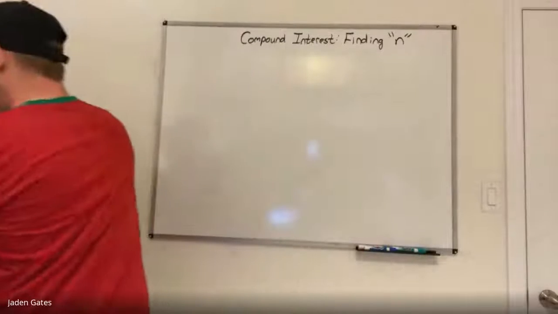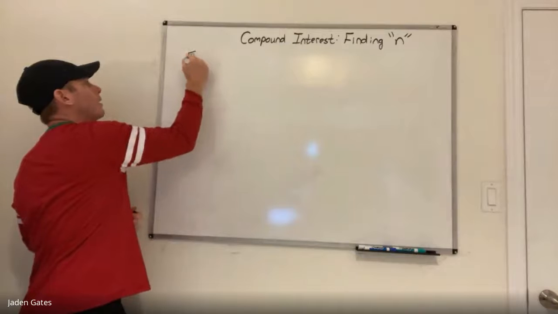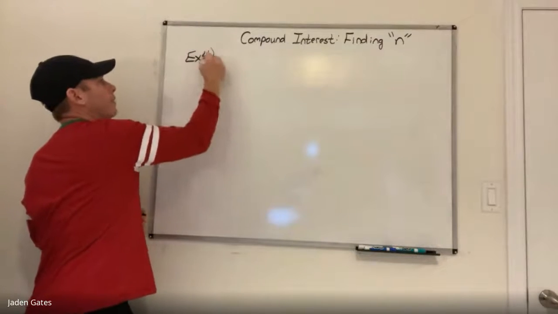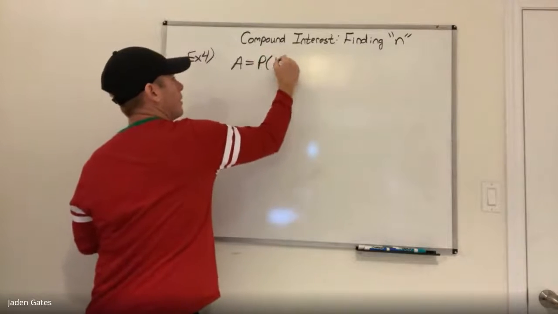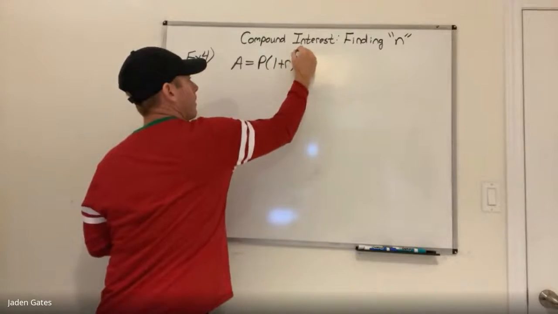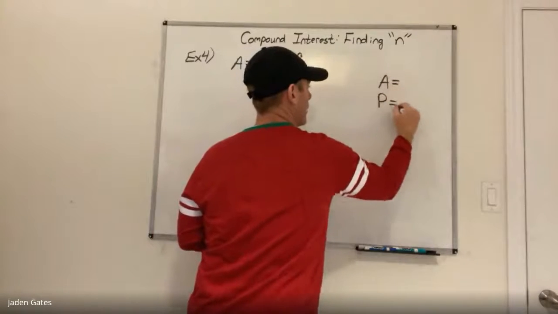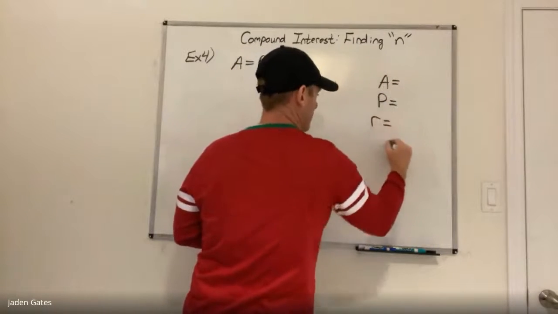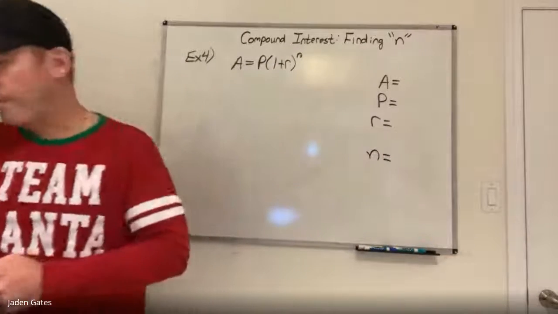All right, so let's see here. Example number 4. Again, we got our compound interest formula. There's our variables over here. All right, let's see. Example number 4 now.